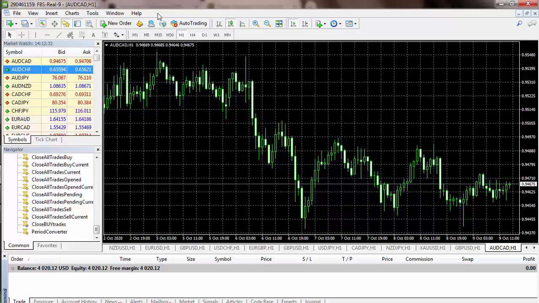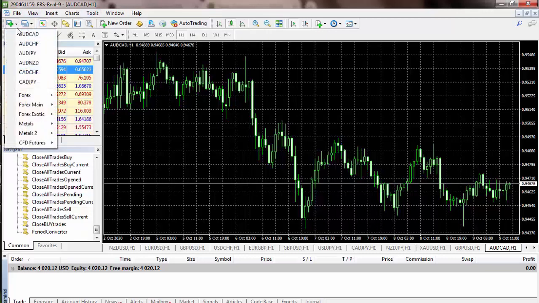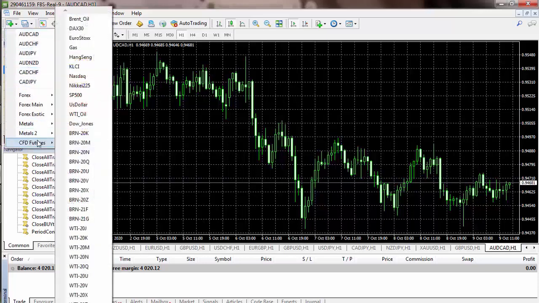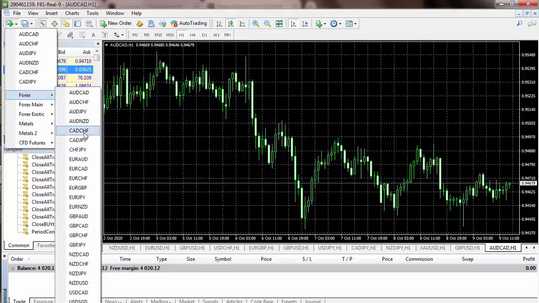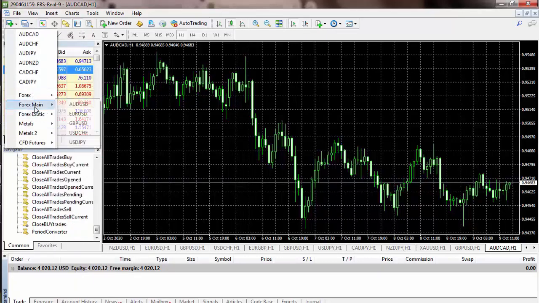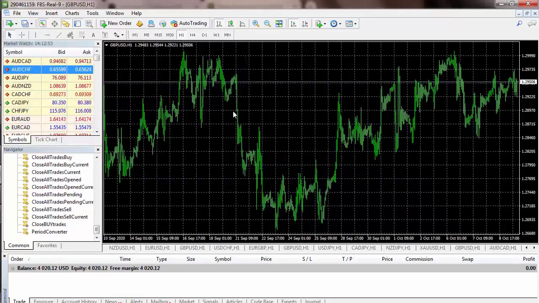Then let's just talk about what we have here. We can always also load the chart here. If I click on any of these, the chart will just come up. Then you have the major currency pairs here. If I click on this now, you see you now have GBP USD.